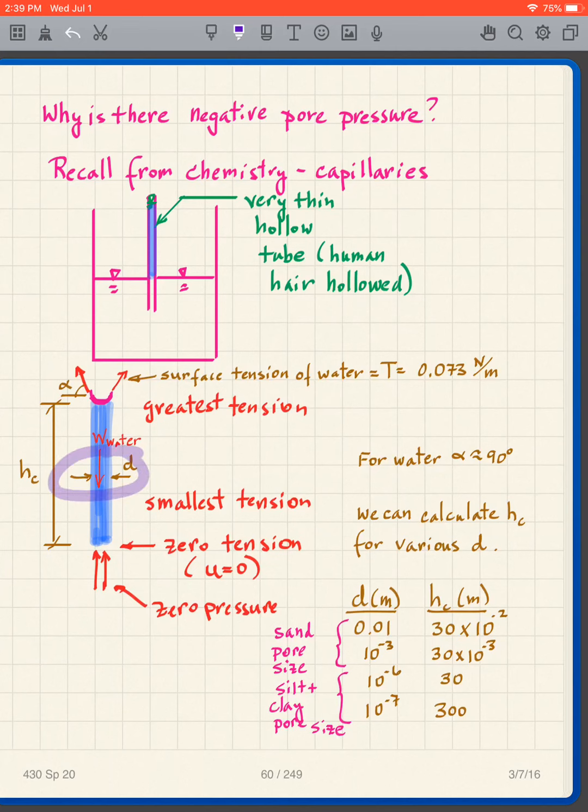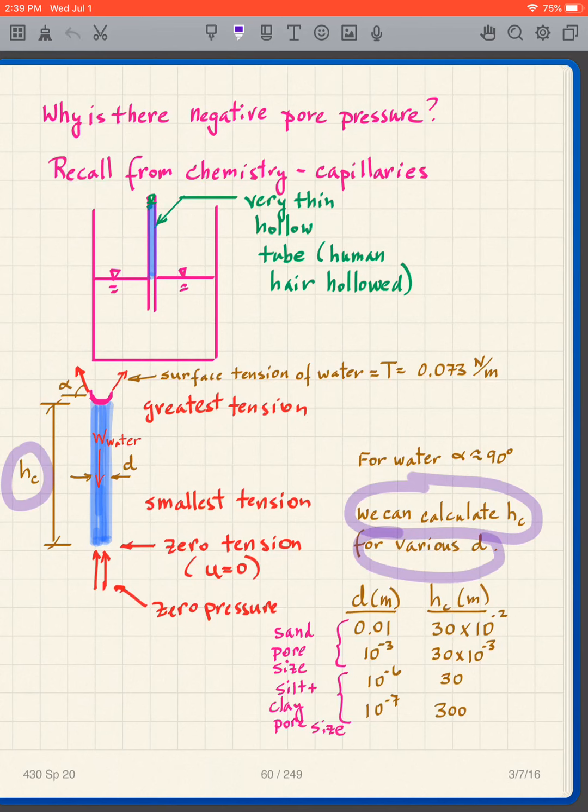And what we find is, if I did the calculation, which I'm not going to do, is that we can calculate this HC, in other words, for the various Ds, for the various diameters.